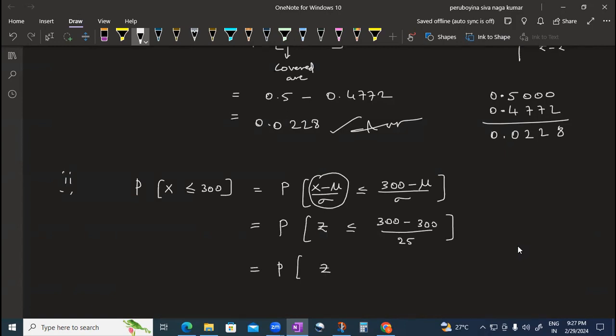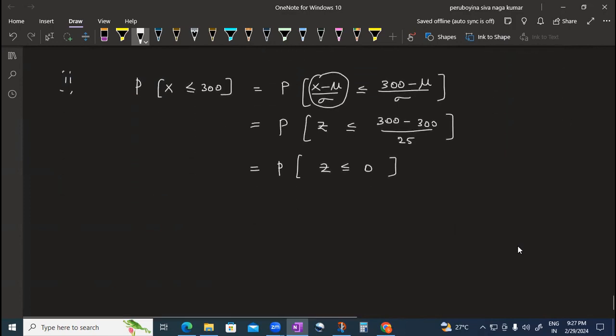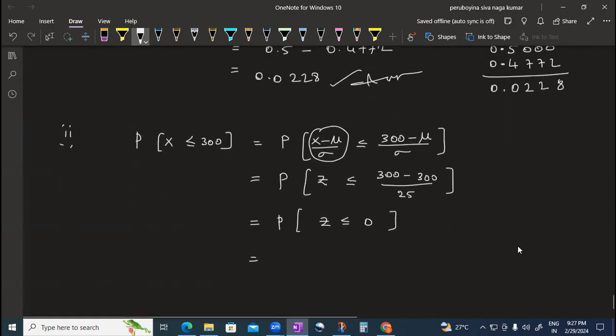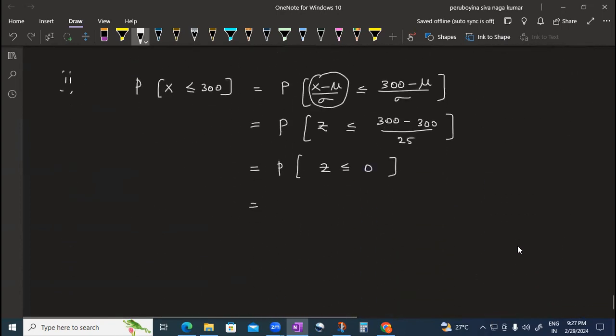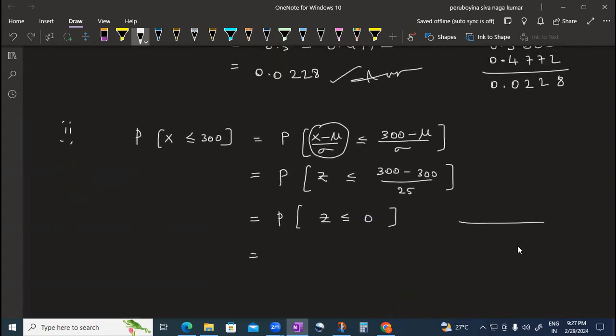P of G less than or equal to 0. P less than or equal to 0 clearly means 0.5. If you observe the curve, you can get that value. Draw a graph again.